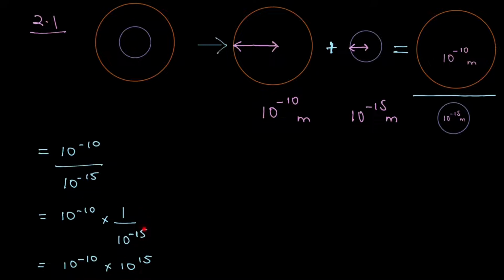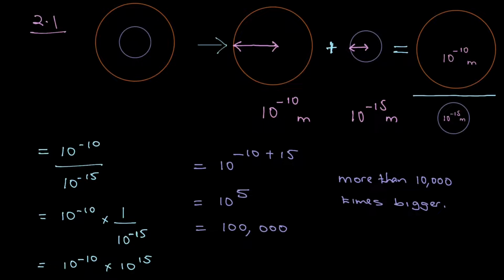This is indices. Because they have the same base, the base is 10, we add the powers when we're multiplying them. So minus 10 plus 15 is 5, so that's 10 to the power 5. 10 to the power 5 is 100,000.